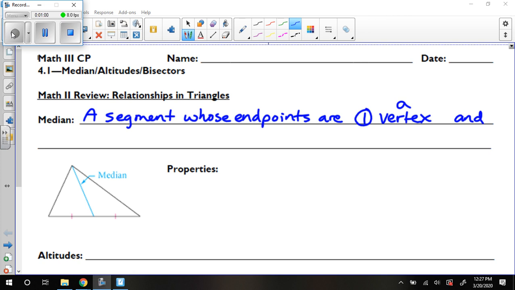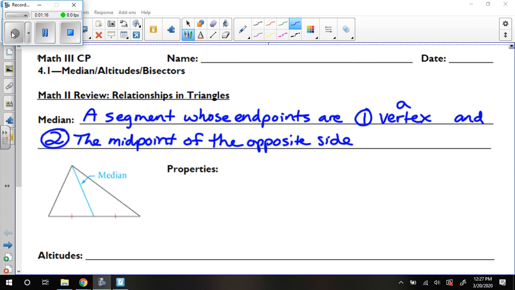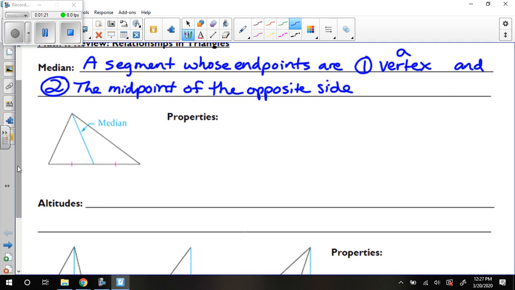And the second endpoint is going to be the midpoint of the opposite side. If you look at your picture here, this point up top would be the vertex, and then this point down at the bottom is the midpoint.